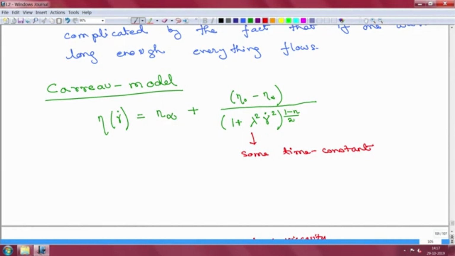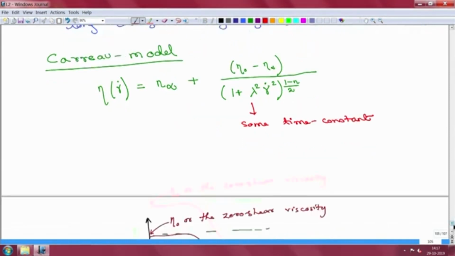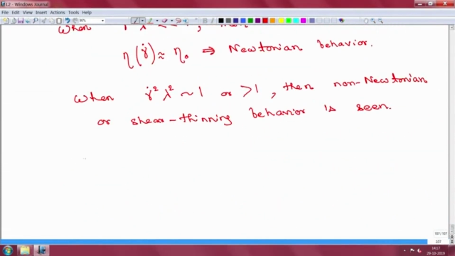So, in that case, when this term is much greater than 1, the viscosity starts becoming small.